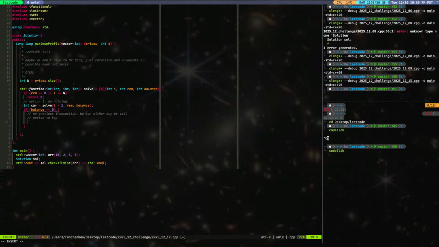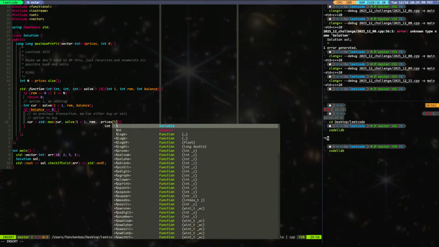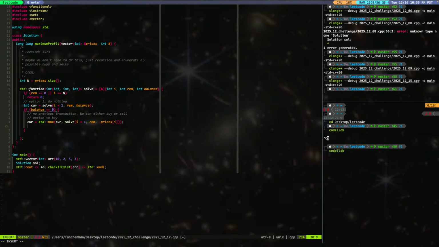To buy, we basically are going to say current shall equal to maximum current, solve I plus 1. Remaining doesn't change. This is going to be negative prices I, right? And then option to sell.